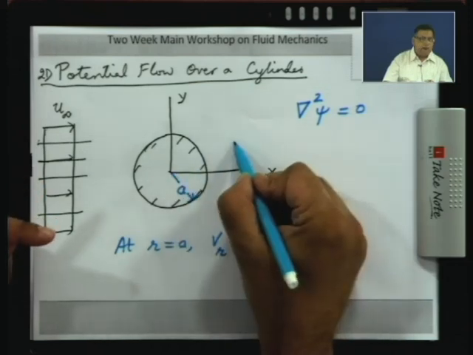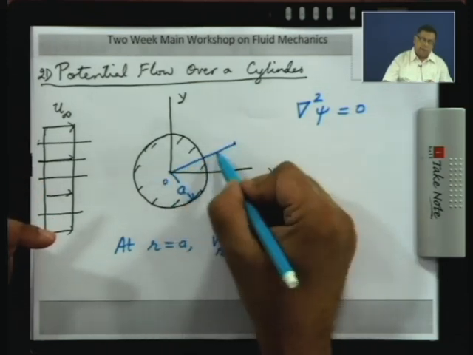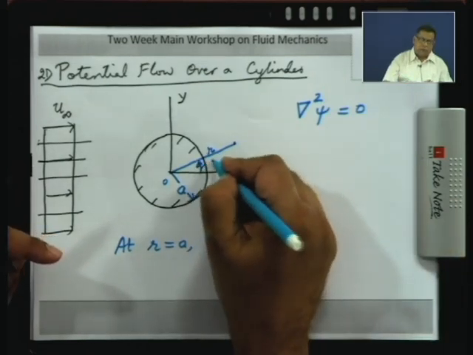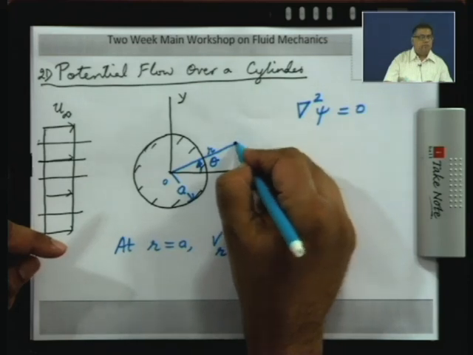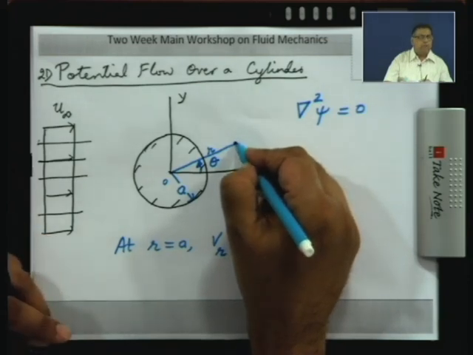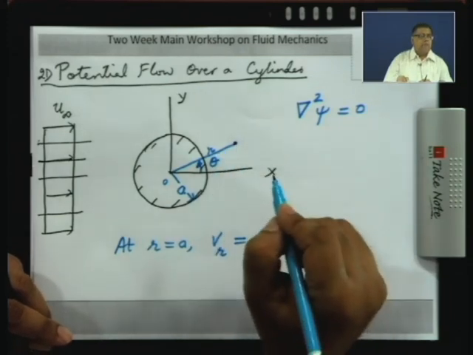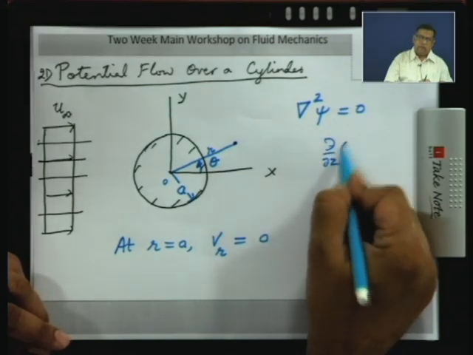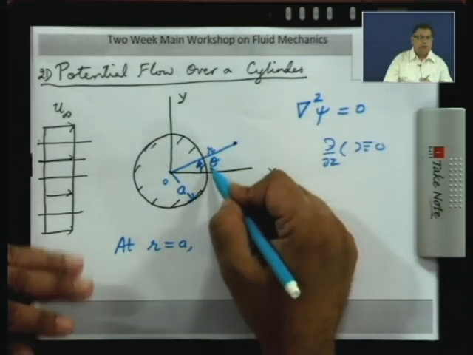If you have a point in the flow region, if you connect it to the origin by a straight line, this distance is what we call the radius, and this angle from the x axis we will call theta. So, if I want to describe the coordinates of this point P, you can use the Cartesian coordinates x, y, z, or the polar cylindrical coordinates r, theta, z. Now, we are considering 2D flow where del/del z is 0 of any flow quantity. So, we will simply talk about polar coordinates r, theta.